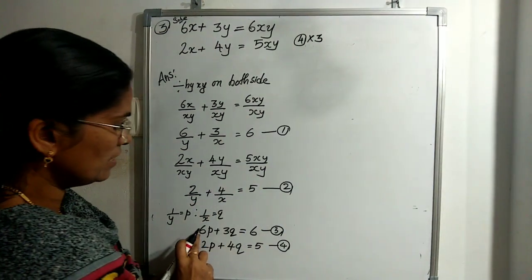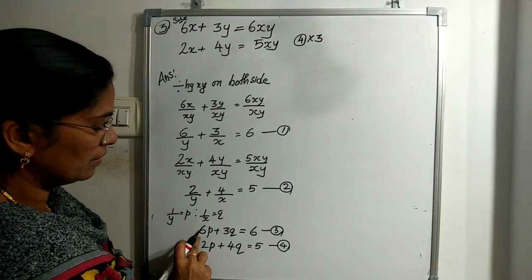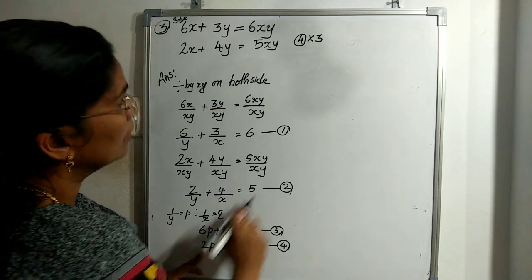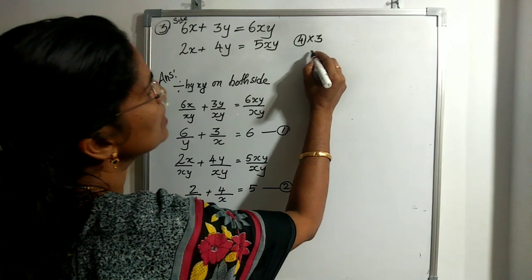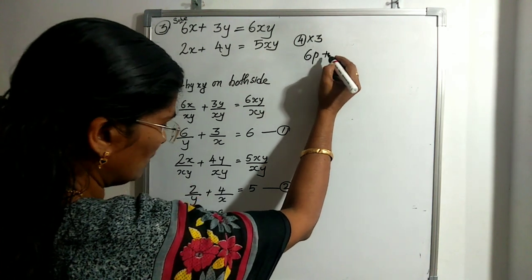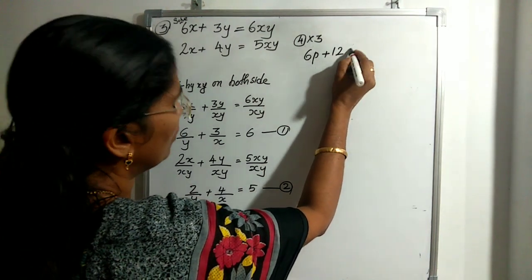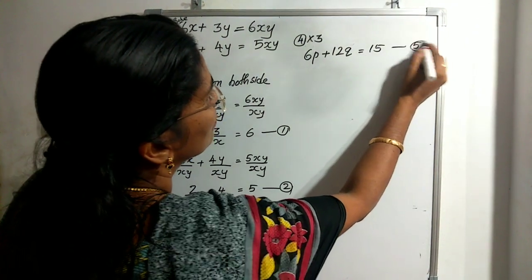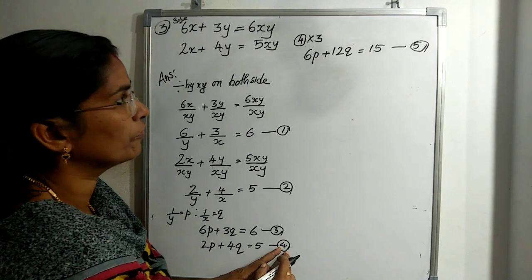Then there is no change in equation 3. First we multiply equation 4. So 3 into 2p is equal to 6p, plus 3 into 4 it is 12q, 3 into 5 it is 15.